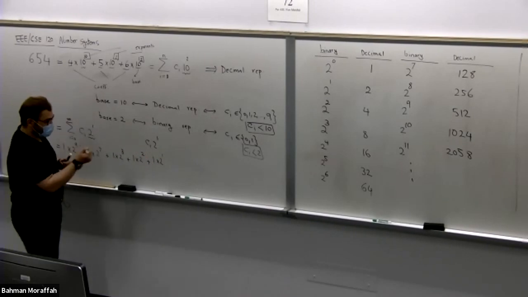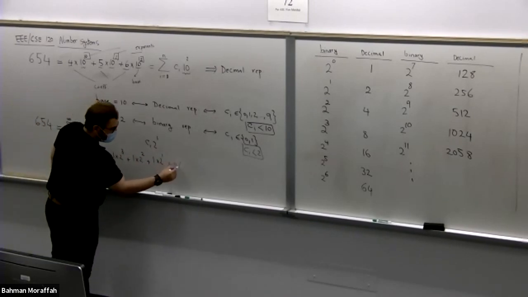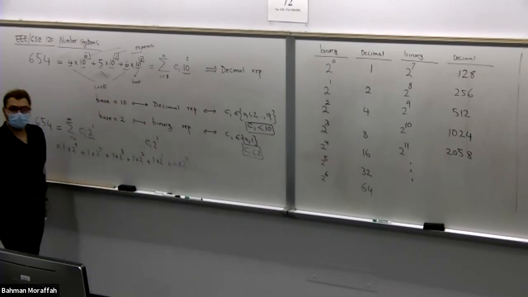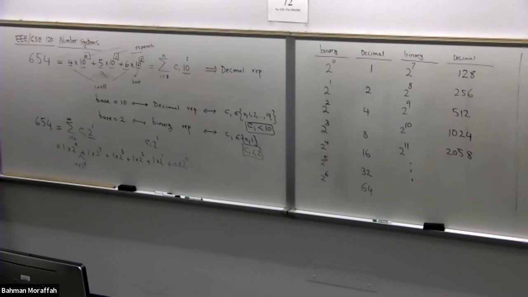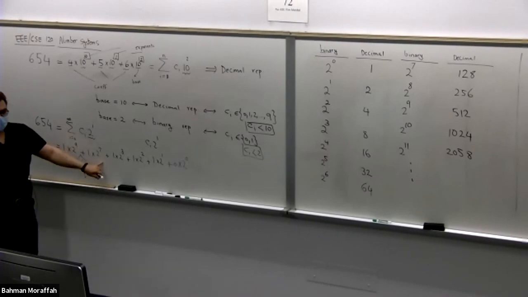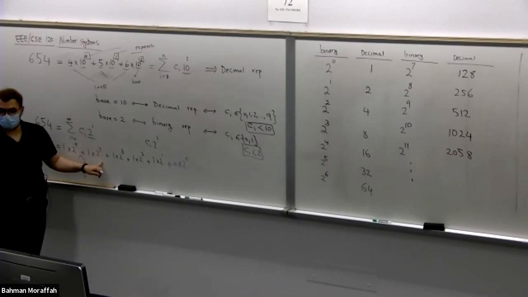So there are some elements here that I'm just not writing. For example, there is 0 times 2 to the 8. I don't have 0 times 2 to the 6, 0 times 2 to the 5, 0 times 2 to the 4. I'm just not writing it, because the value is just 0.